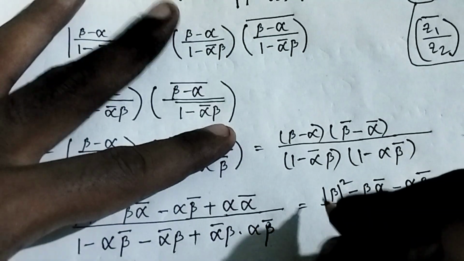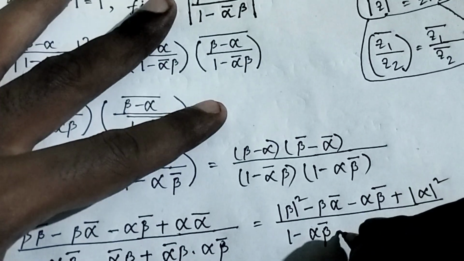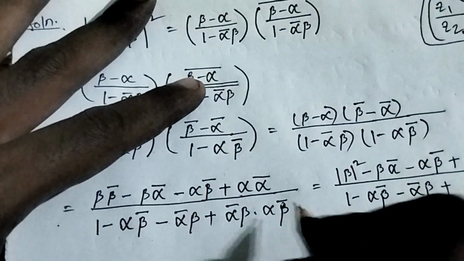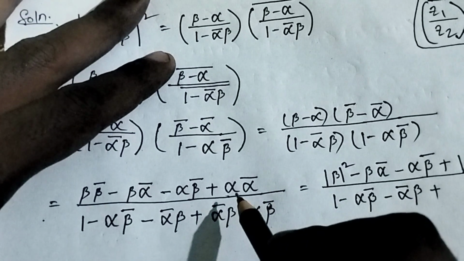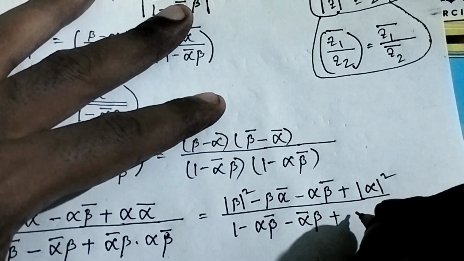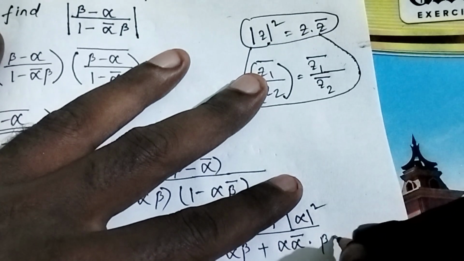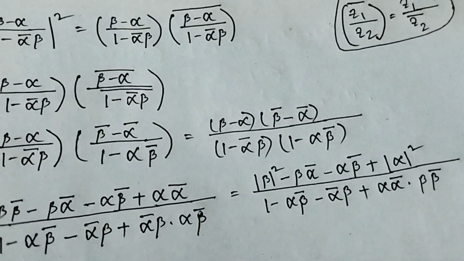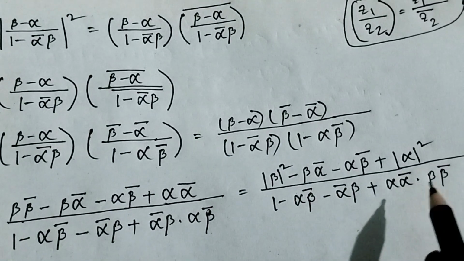Then 1 minus alpha beta conjugate minus alpha conjugate beta plus alpha into alpha conjugate into beta into beta conjugate.